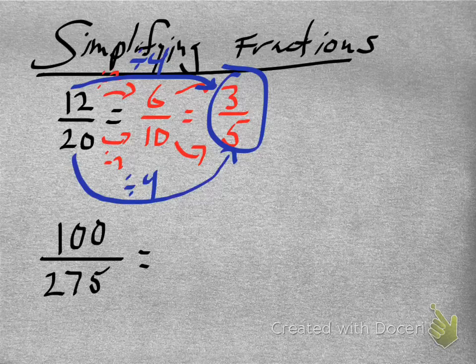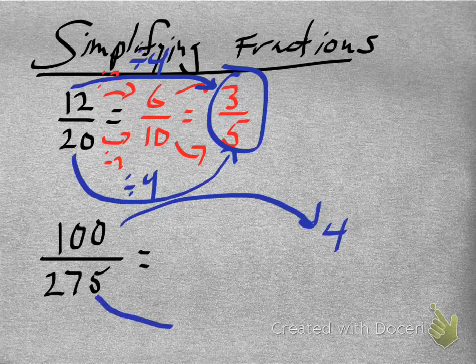However, Ben noticed that actually, hold on a second, let me think money. A quarter goes into $1 4 times, and a quarter goes into $2.75 a total of 11 times. If I take out a quarter, hold on, let me back up for a second. 100 divided by 25 is 4.